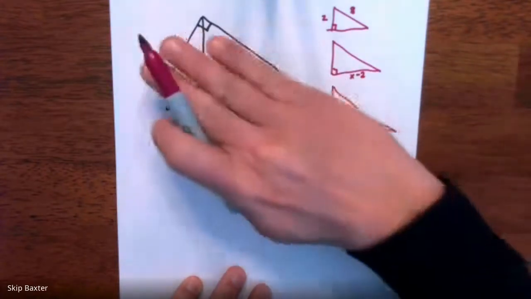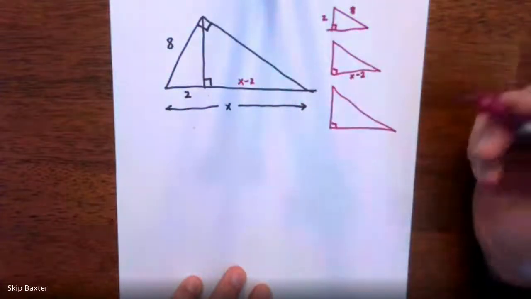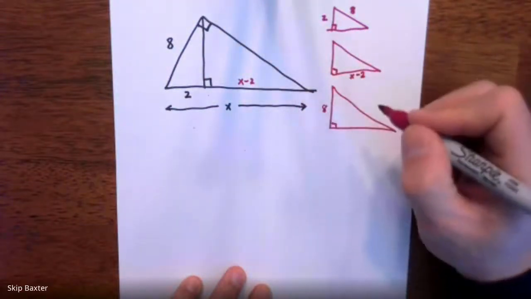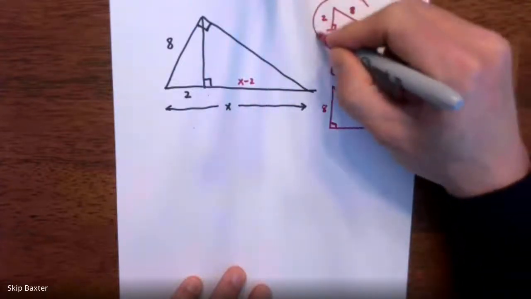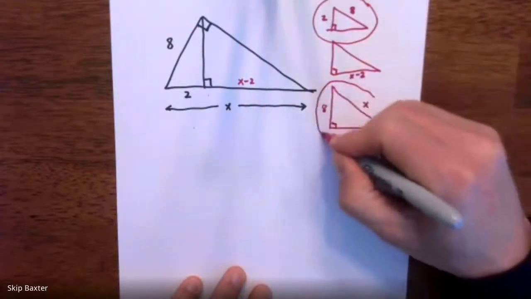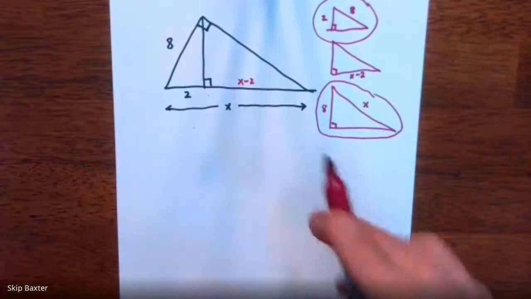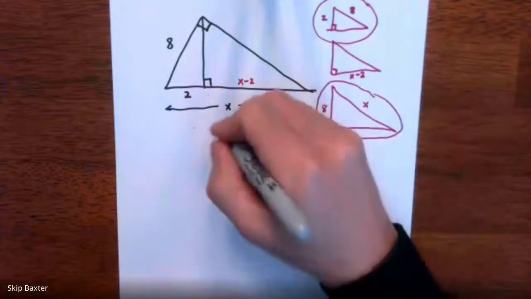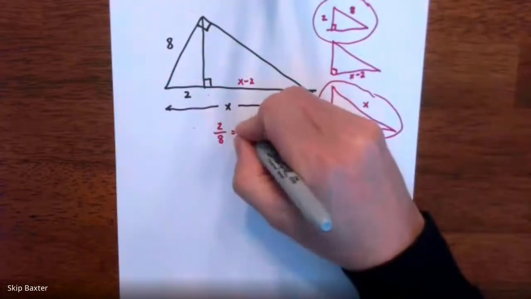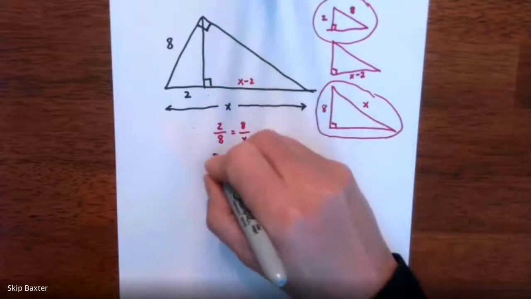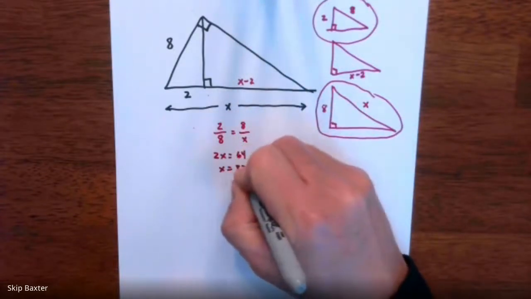And then the whole triangle, if I flip it over horizontally, the short leg is 8, that's here, and the hypotenuse is x. So you can see which 2 triangles we're going to compare, in this case, the smallest and the largest. So the proportion here would be 2 is to 8 as 8 is to x. So 2x equals 64 and x equals 32 when I cross multiply.